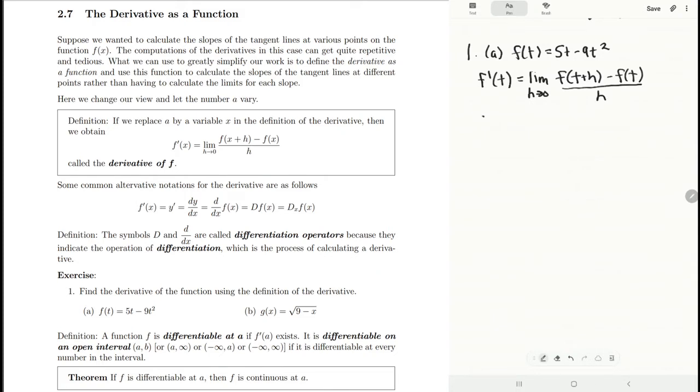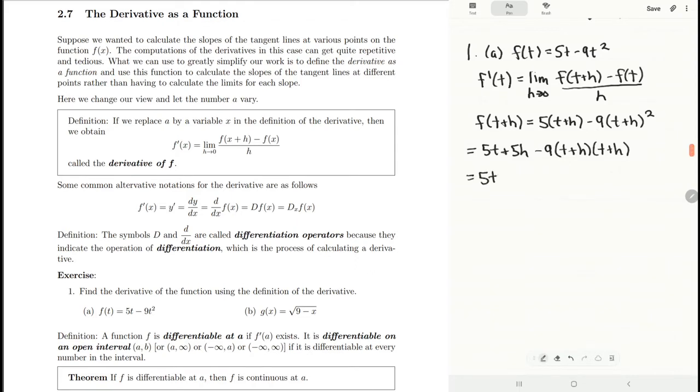So what we need is to calculate f of t plus h. So this is 5 times t plus h minus 9 times t plus h squared. So now let's simplify. We have 5t plus 5h minus 9, and we need to FOIL the t plus h and t plus h term.